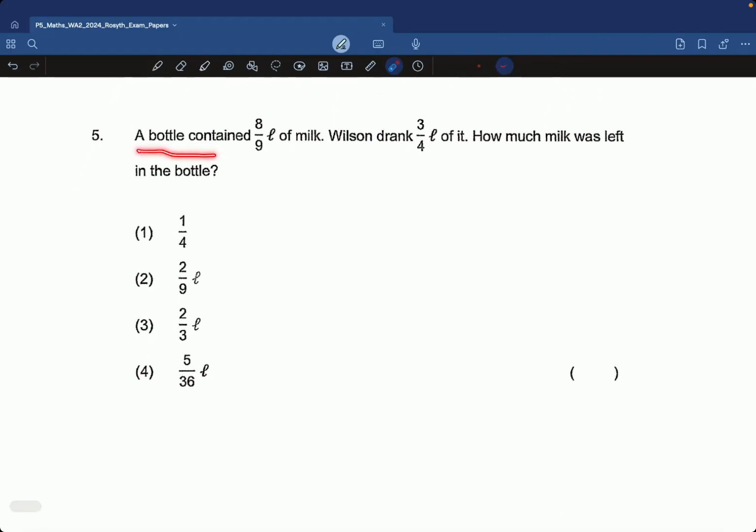A bottle contained 8 over 9 liters of milk. Wilson drank 3/4 of it. How much milk was left? A common mistake you might make is thinking, oh, Wilson drank 3/4, so 8 over 9 times 3 over 4, because you see the word of.